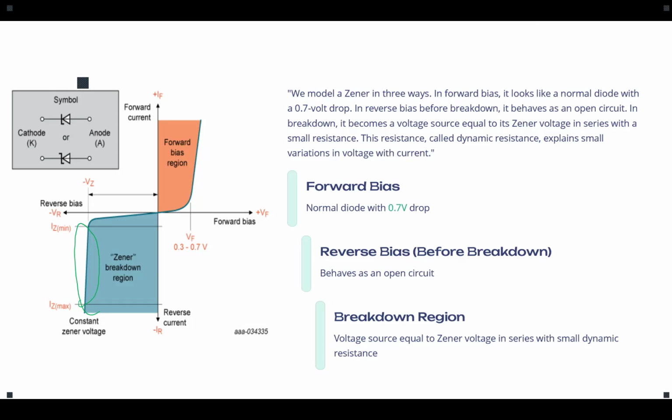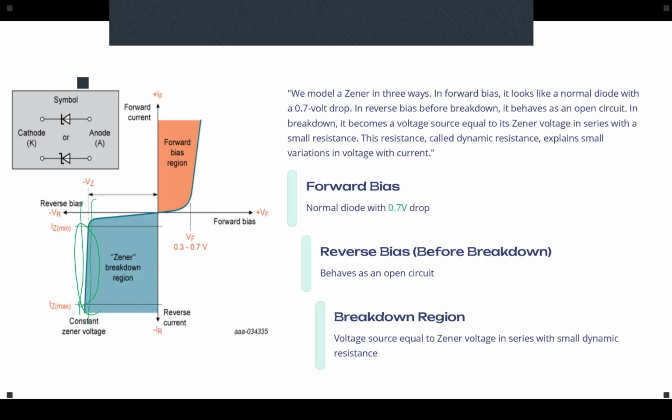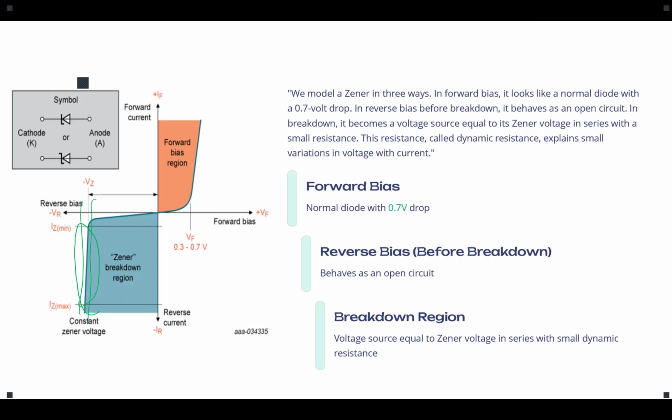When you see the graph of the IV characteristics of the Zener diode in the interval very close to the breakdown voltage, which in this case we call the Zener voltage, you see we have a very consistent linear behavior.